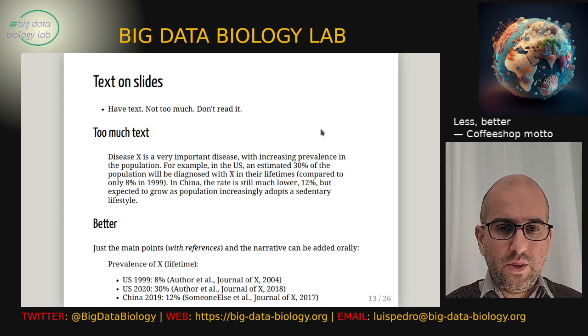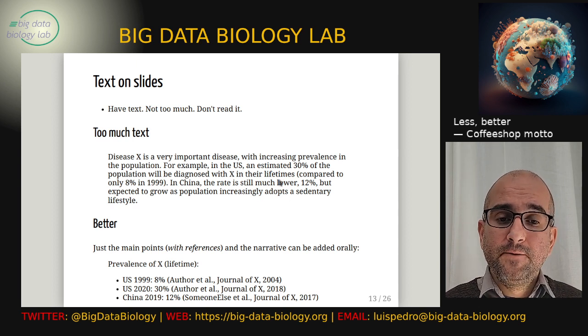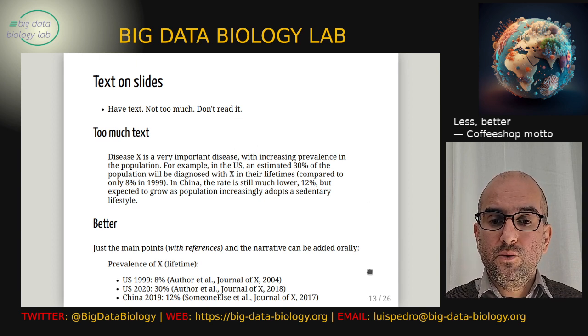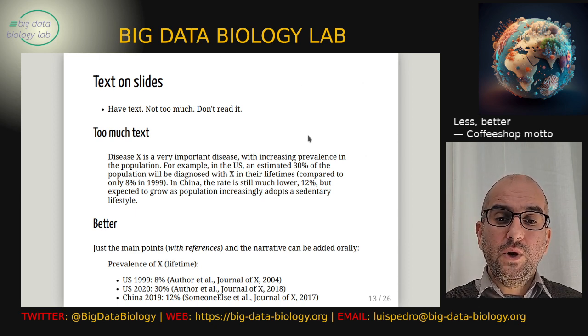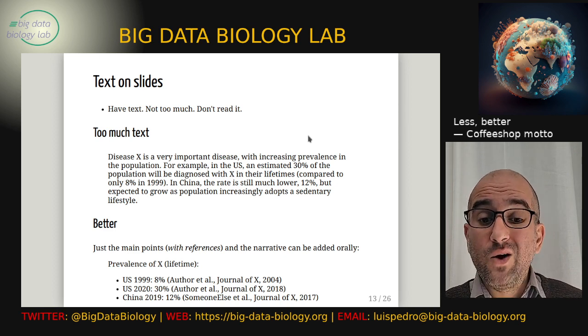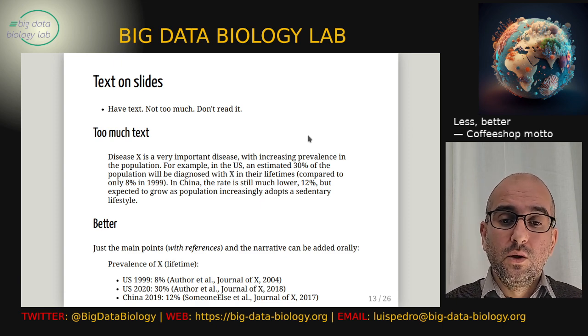Maybe there you put the text, or you just remember it, and then in the actual slide you have just the basic information, the numbers, and the references. Putting the references here is good, because it's very awkward to read them out and say orally, X et al. in the Journal of X in 2004.